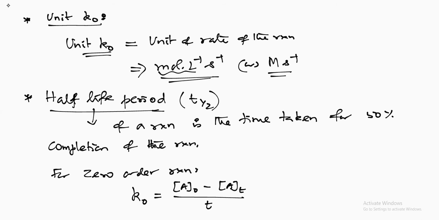Students, observe carefully. This is the initial concentration, right? When t becomes t half, when time becomes the half-life period, what will happen to the concentration of the reactant at time t? Concentration of the reactant at time t becomes equal to A naught by 2. Is it correct?